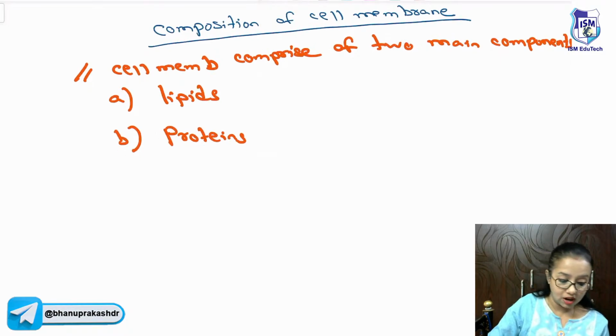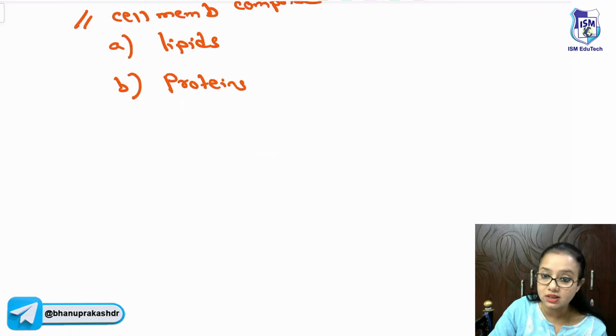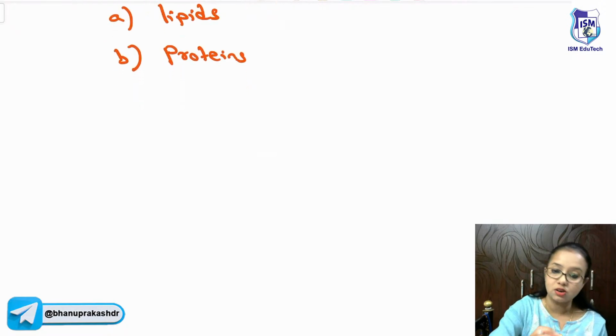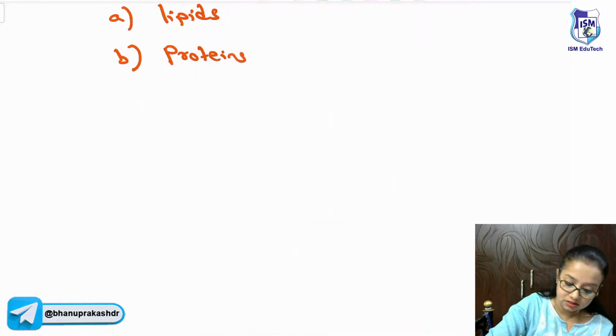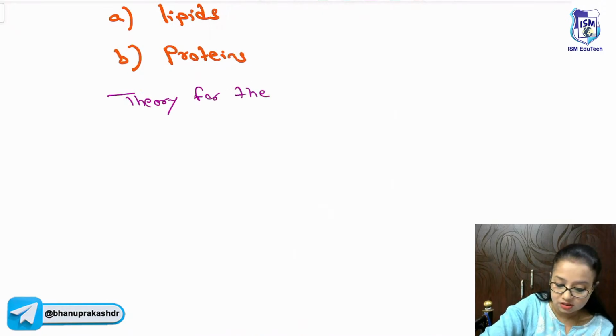Okay, now how are this lipid and protein oriented in a cell membrane? Is it that there is just one layer of lipid, one layer of protein? Is it like that? No. When they started studying the cell membrane, many theories came into existence for the cell membrane structure.